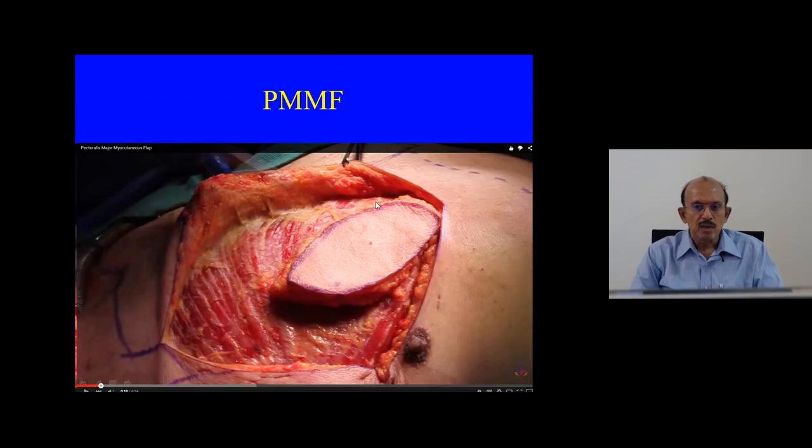You can see this is the island of skin, subcutaneous tissue, which is left adherent to the muscle underneath. The whole pectoralis major muscle is being lifted off. The whole pectoralis major is being separated here.